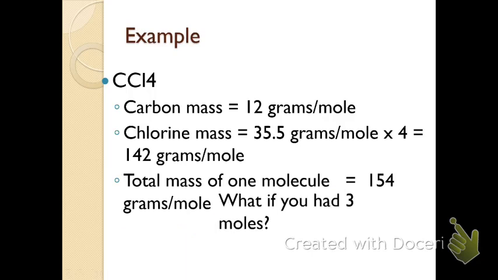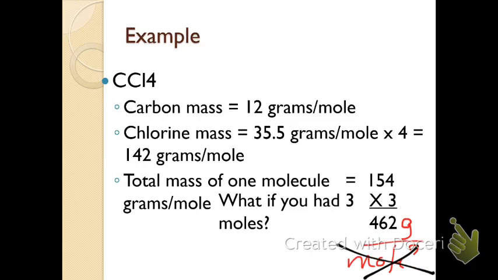Well, what if I had 3 moles of carbon tetrachloride? Well, if I know 1 mole of carbon tetrachloride is 154 grams per 1 mole, and I have 3 moles of carbon tetrachloride, I know that the total of 3 moles is going to be equal to 462 grams. I think they might have forgot to put the little gram there. Is that grams per mole?